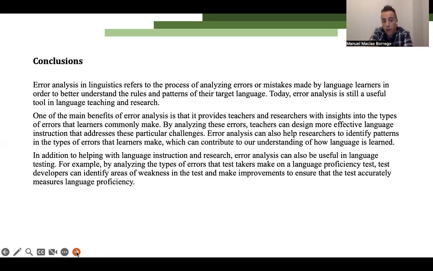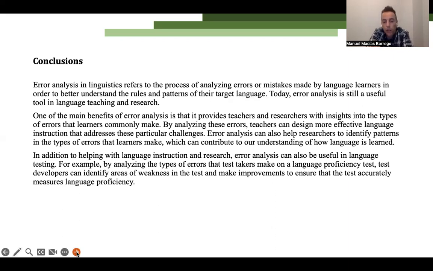One of the main benefits of error analysis is that it provides teachers, me, and researchers with insights into the types of errors that learners commonly make. By analyzing these errors, teachers can design more effective language instruction that addresses these particular challenges. Error analysis can also help researchers to identify patterns in the types of errors that learners make, which can contribute to our understanding of how language is learned and how language is taught.